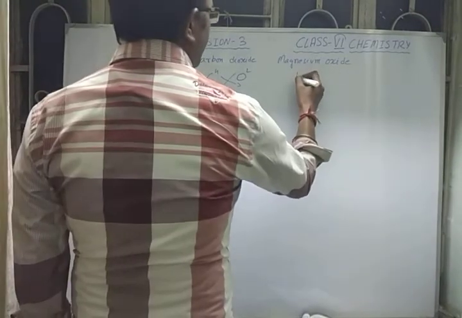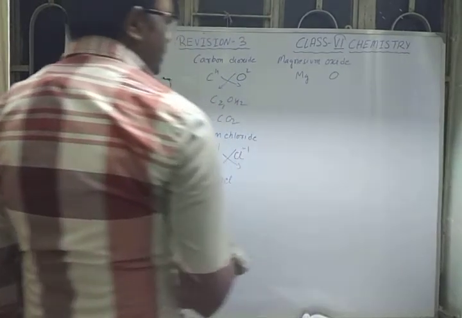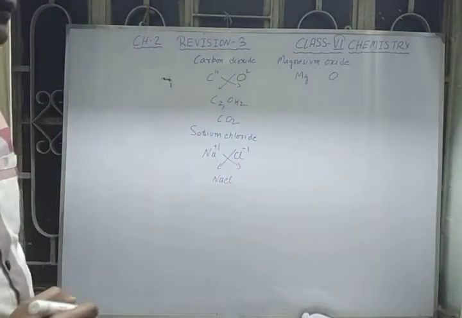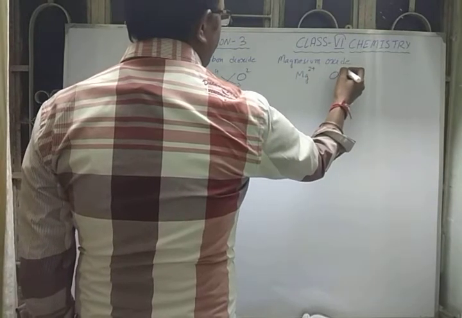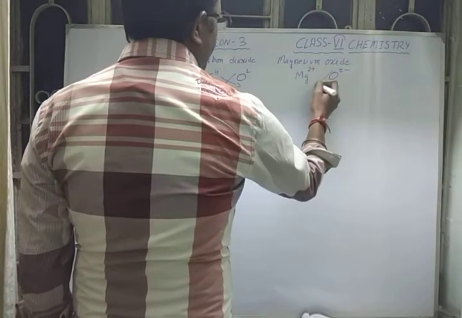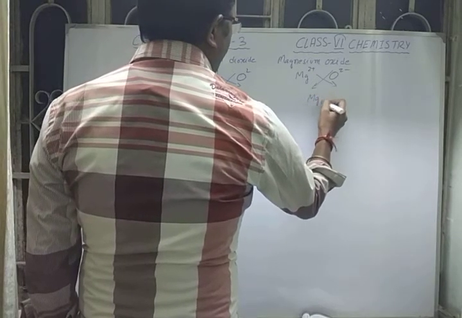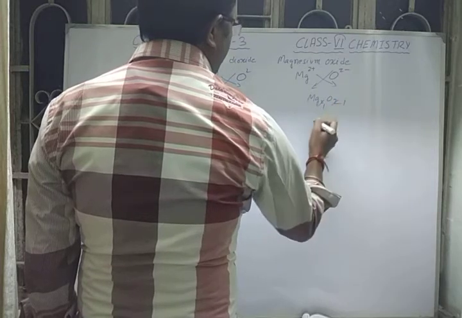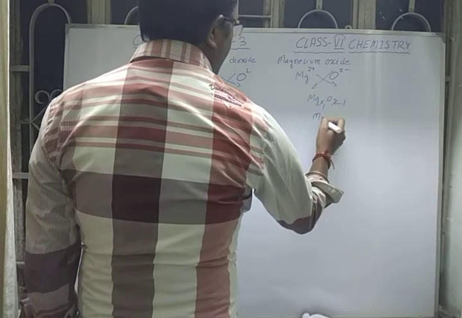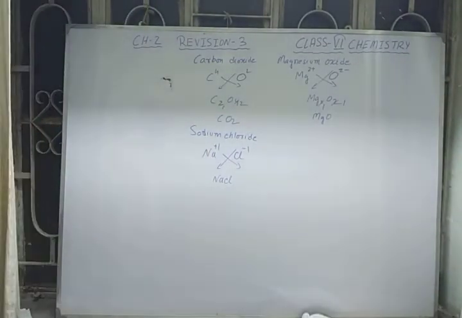Again, the symbol of magnesium is Mg and oxygen is O. Now you have to write the valency of magnesium and oxygen. The valency of magnesium is 2 plus and oxygen is 2 minus. So when you do the crisscross, you will get Mg2O2. By the common factor 2, 2 1s are 2, 2 1s are 2, so you will get MgO as magnesium oxide. In this way you can frame the formula of magnesium oxide.